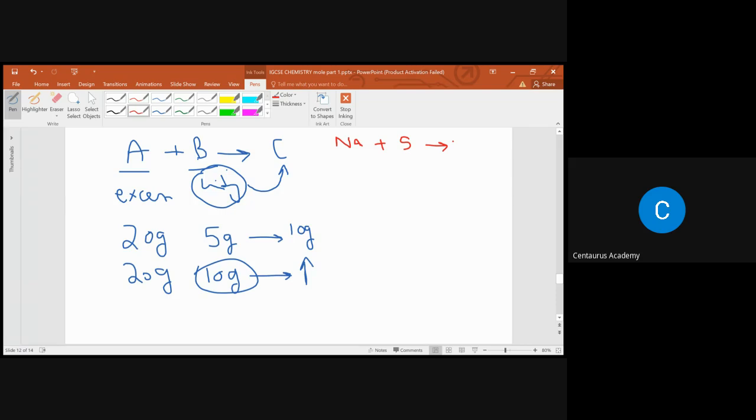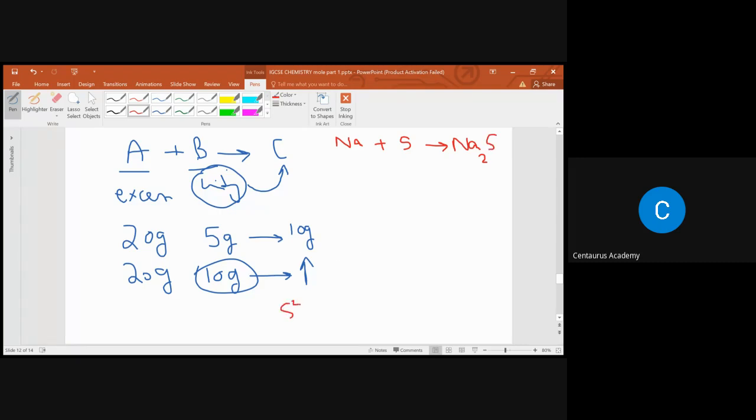What is the chemical formula of sodium sulfide? Anybody? Na2S. The sulfide ion is S2 minus.